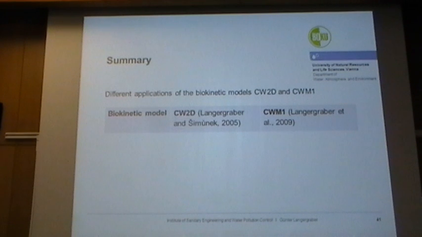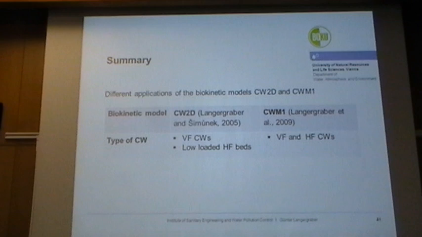So just to sum up, different applications of these two biokinetic models. The model I worked on in my PhD was developed for vertical flow systems, so we don't have anaerobic processes, and we can only use this model for systems where the anaerobic processes are not dominant.